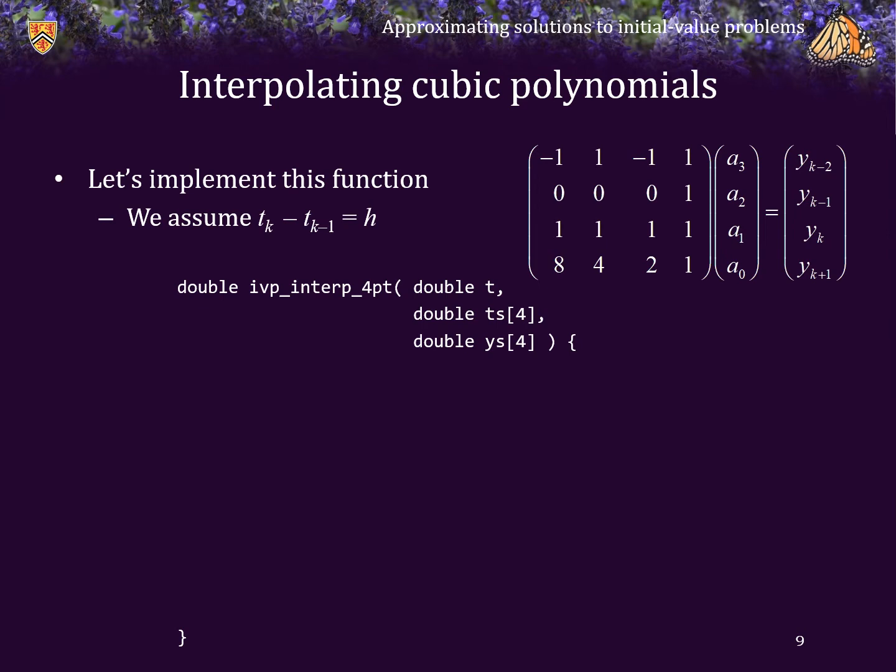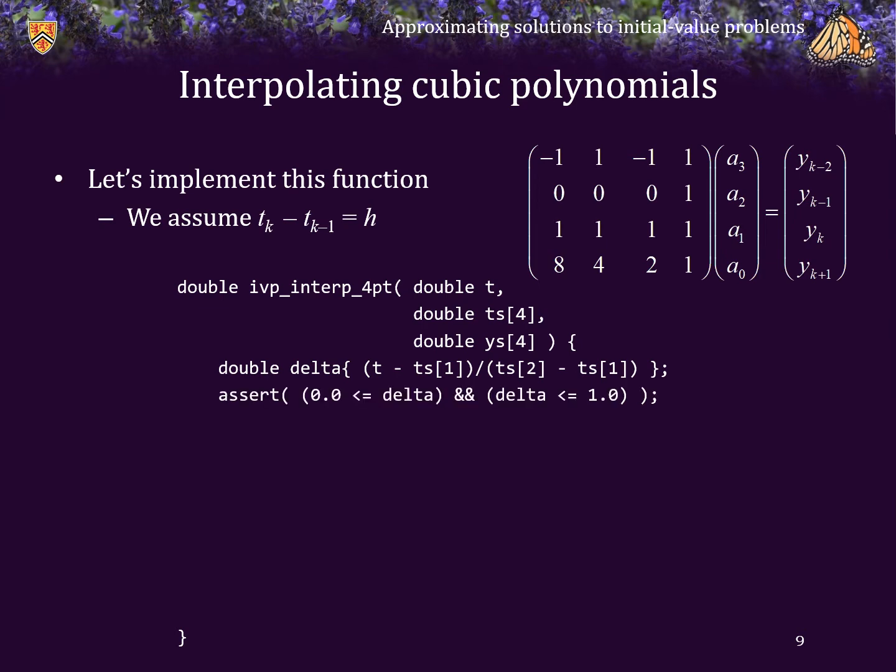Now, for this to work, we have to assume that the difference between each of the t_k values is equal. So the difference is some value h. Now we can figure out how far our point t is into that first subinterval. Hopefully, delta should be a value between 0 and 1.